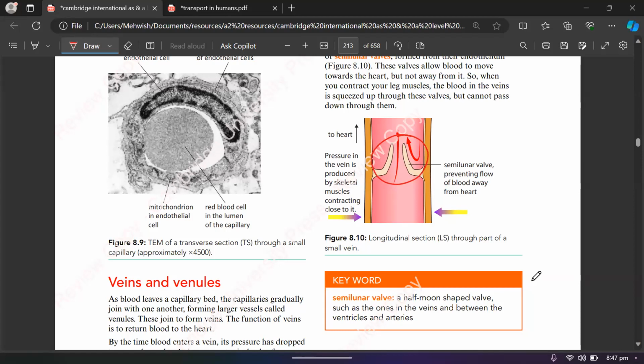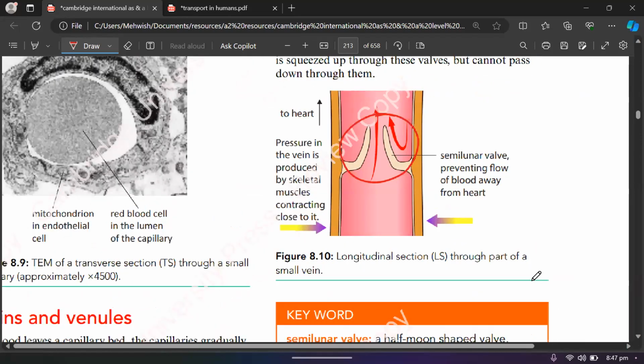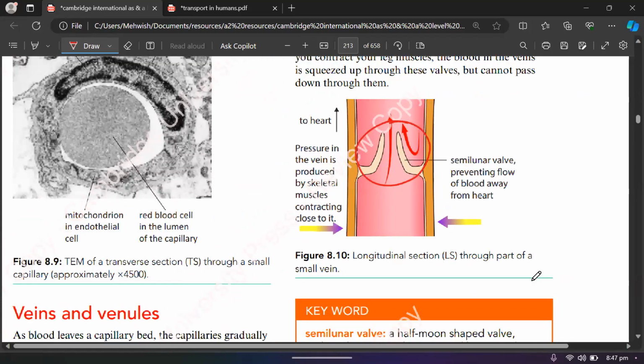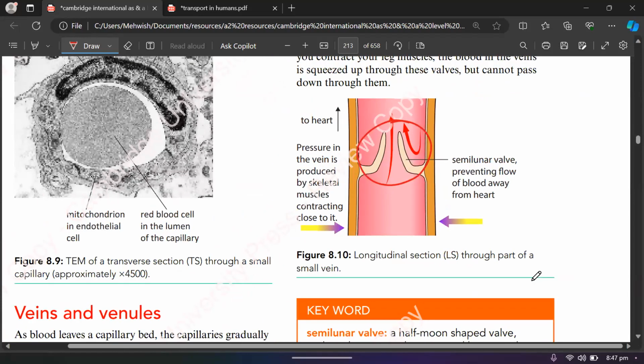Whenever the blood passes through a vein, it always has less pressure. So there is a danger of the blood coming back into the previous section. So that's why these valves are present after every few centimeters in all your body parts, so that they can prevent the backward flow of blood.